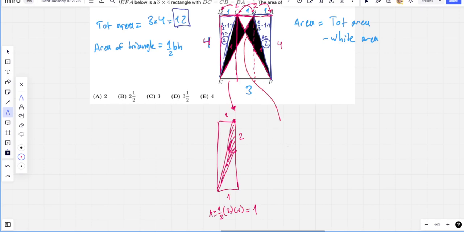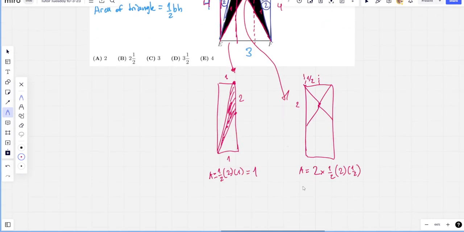And then we've got these two pieces in the middle, which I'm going to draw out right here. It's going to look something like this. And it's basically two triangles with a base of 2 and a height of 1/2. So the total area here is 2 of those triangles times 1/2 times base times height. 2 times 1/2, so that's going to be 1.